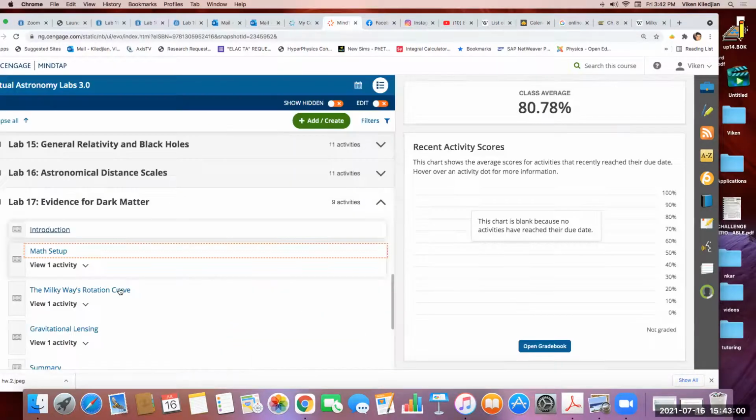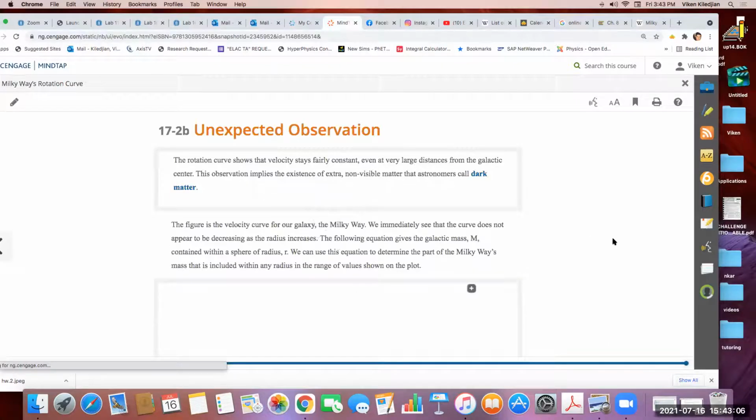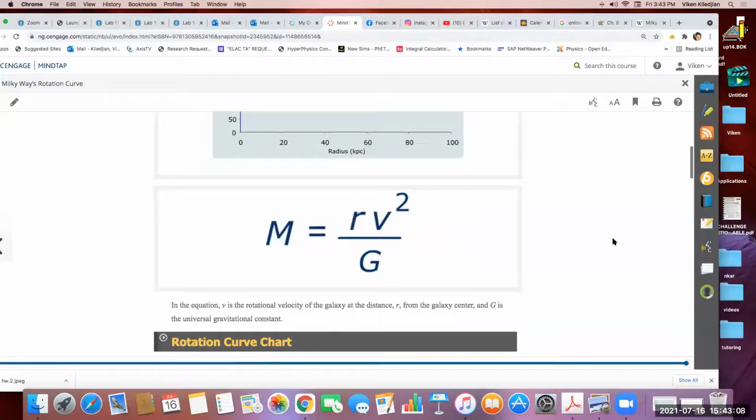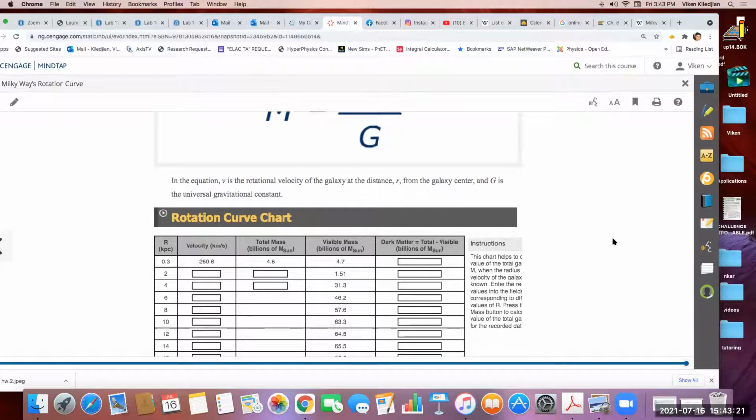Okay, now we go back to this. Wow, this is fun. Imagine calculating the mass of things that are just thousands of light years across. Okay, so then it says here rotational curve. In the equation, v is the rotational velocity of the galaxy at the distance r.